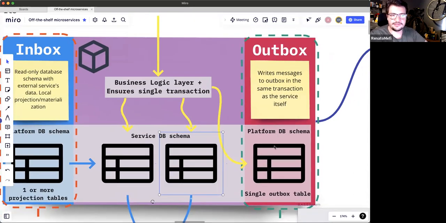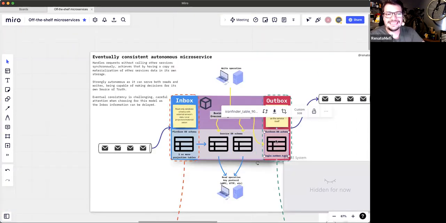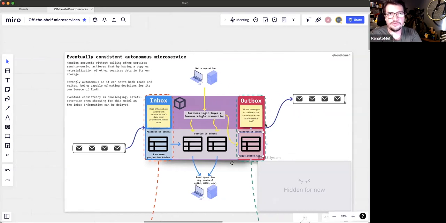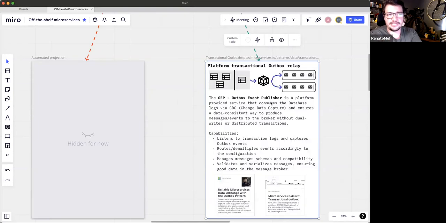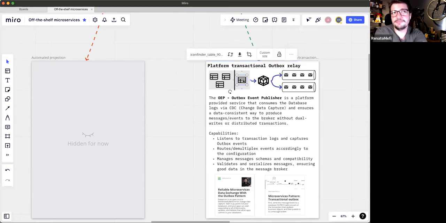So the question that comes later is, how do I take this data out of my Outbox table and then move it somewhere else? For that, we use the transactional Outbox relay pattern. Basically, we're going to use the same approach we used in the first use case, which is to use change data capture. This time we are going to be monitoring for inserts inside of this Outbox table.